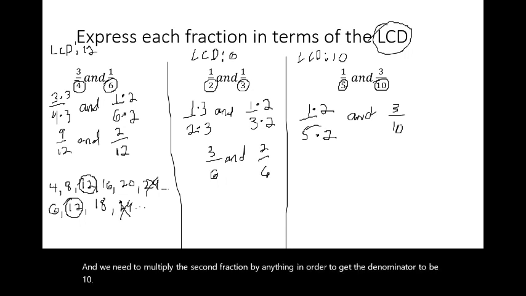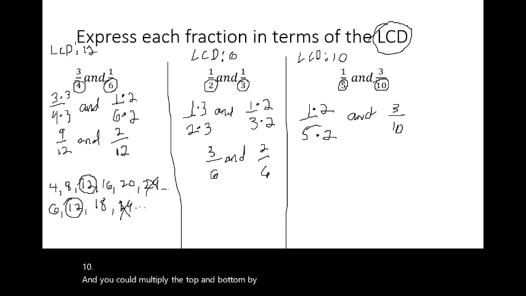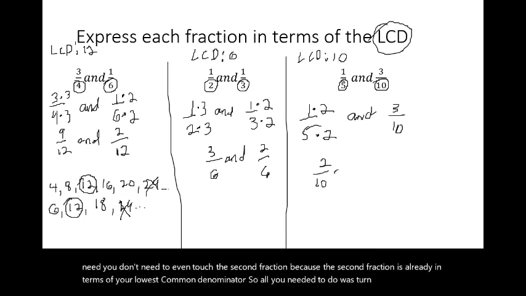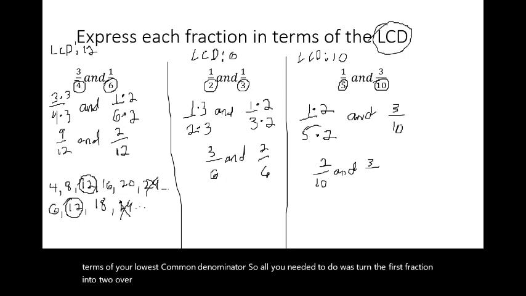You could multiply the top and bottom by 1, but that's a waste of time. You don't need to even touch the second fraction because the second fraction is already in terms of your lowest common denominator. So all you needed to do was turn the first fraction into 2 over 10, and now, without even touching the second fraction, they both have common denominators.